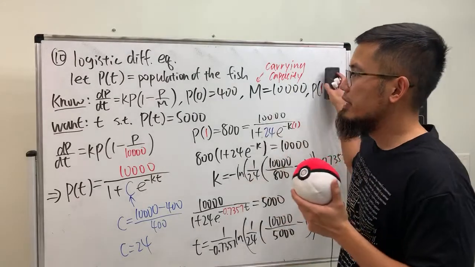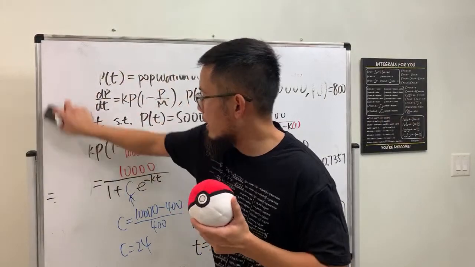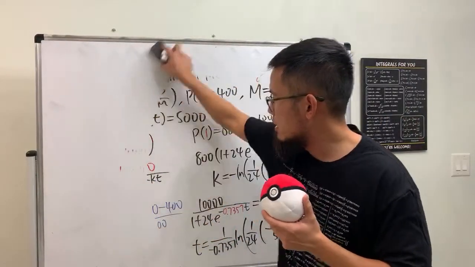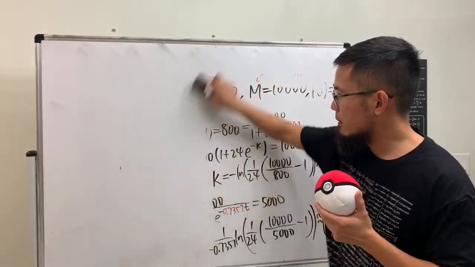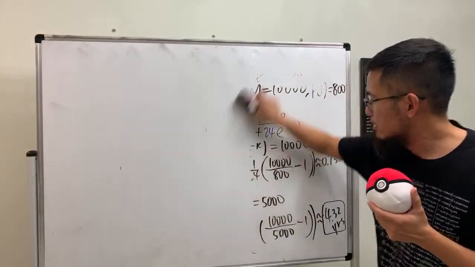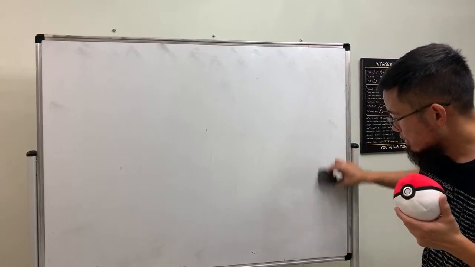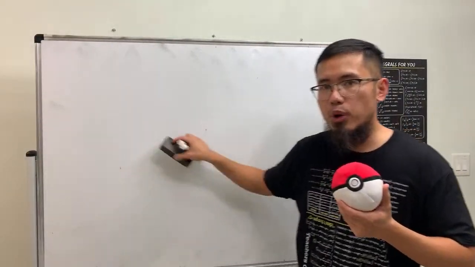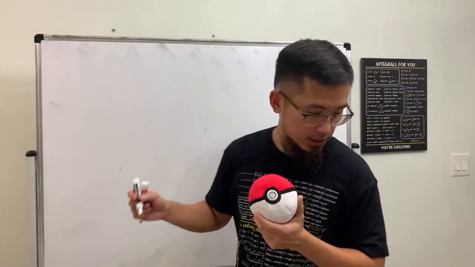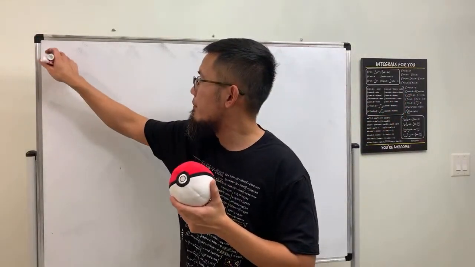Okay, then what we're going to do next is the following question. So when we are doing the improper integrals, of course, there will be the comparison theorem question. So we are going to use the comparison theorem to do the following. This is number 11.